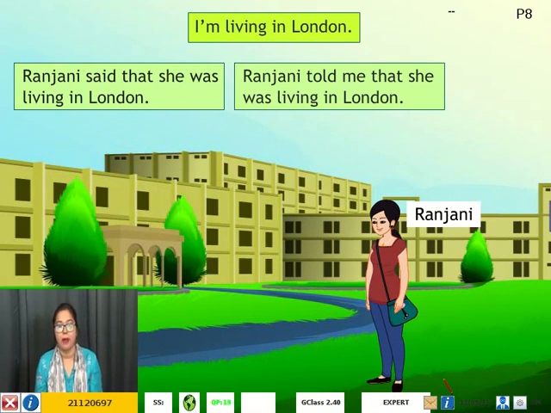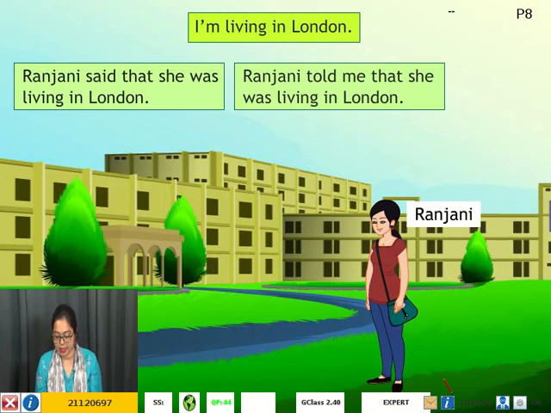The first one by using that as a connector, that is, Ranjani said that she was living in London. And on the right hand side, instead of said, we used told: Ranjani told me that she was living in London. So in two different ways we can convert.